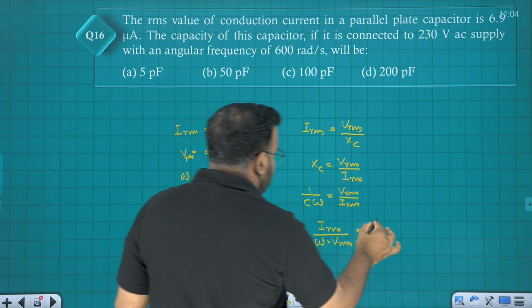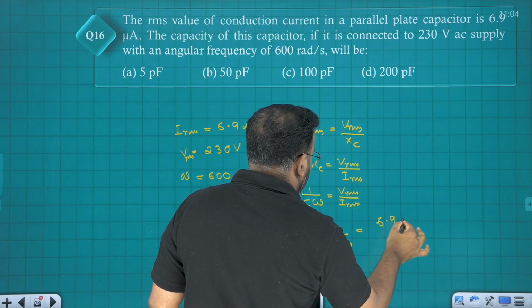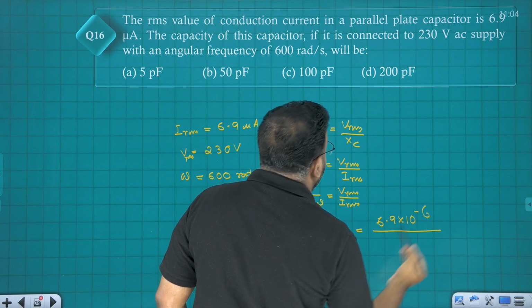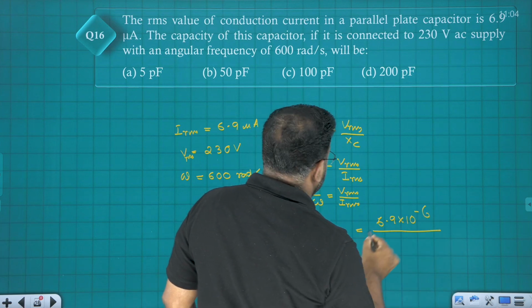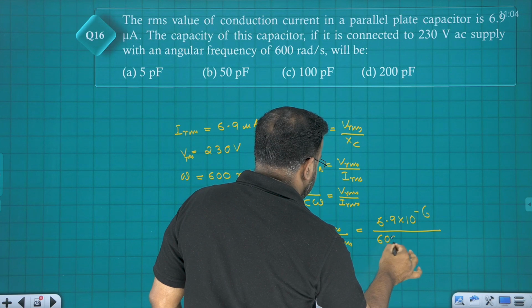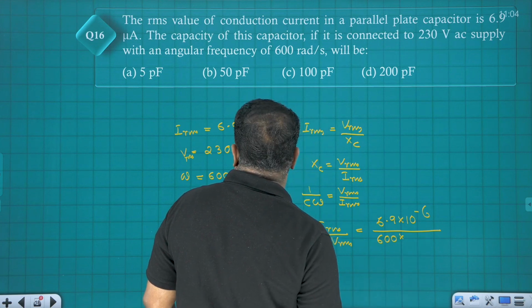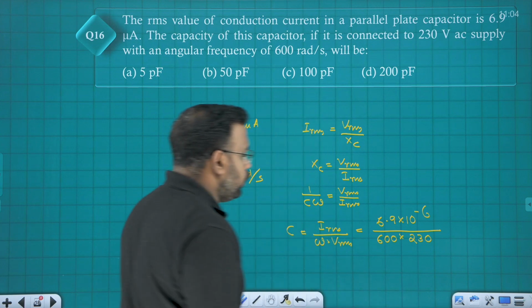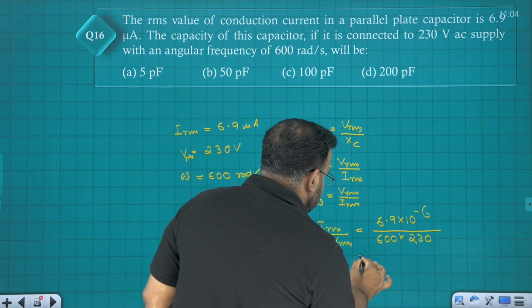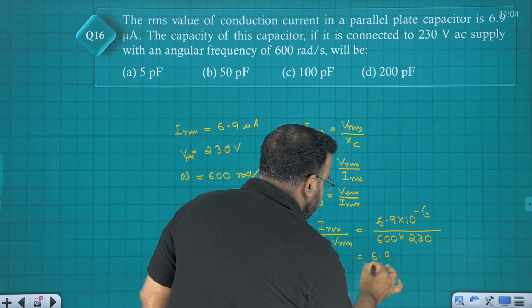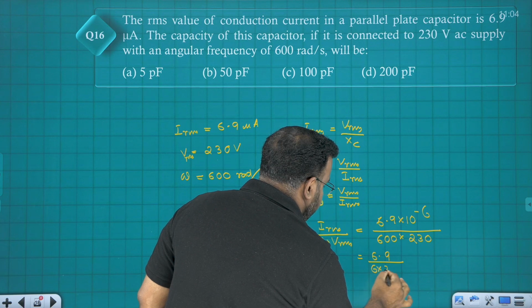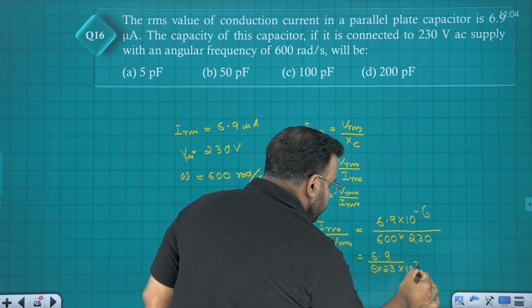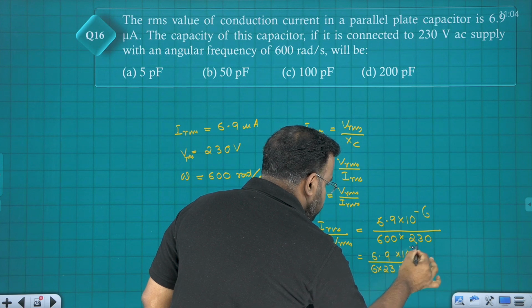What is IRMS? 6.9 micro, so 10 to the power minus 6. Omega is 600. VRMS is 230. So, we can write it here as 6.9 divided by 6 into 23 into 10 to the power 3 will come. There is 10 to the power minus 6.